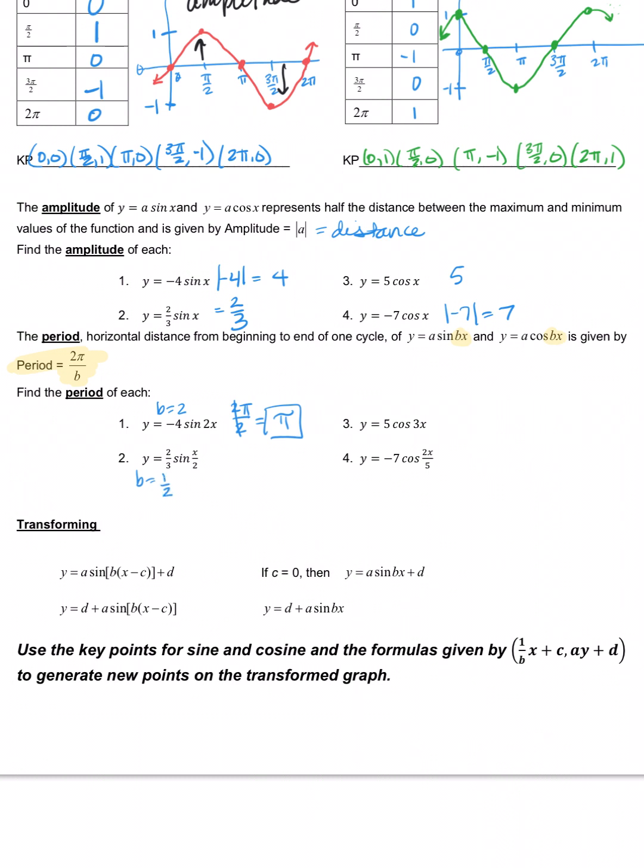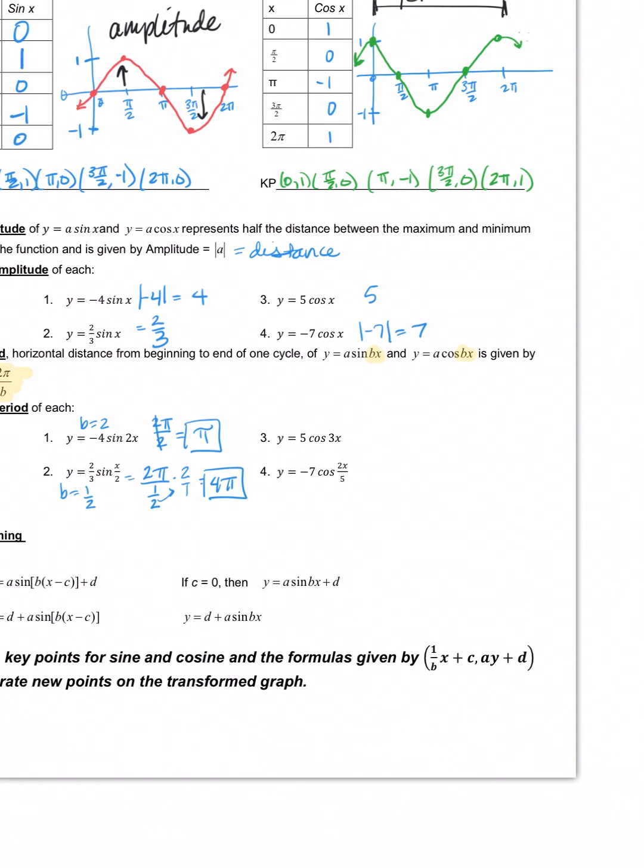It's 1/2. Be careful when it's written like that. It's 1/2 x, so b is 1/2. So the period is 2 pi over 1/2. What happens when we divide by a fraction? Flip and multiply. So it becomes 2 pi times 2 over 1, which is 4 pi. Instead of taking 2 pi to complete a cycle, now it's all stretched out.